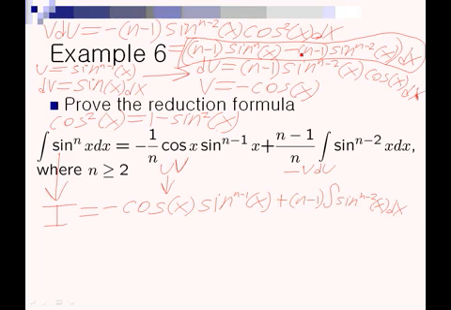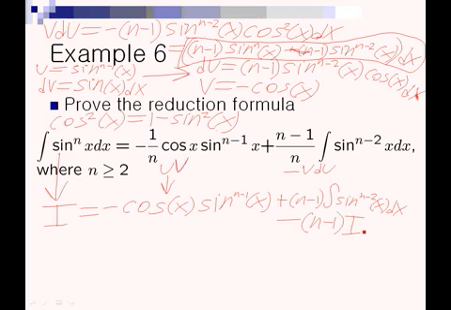And now, because that's being subtracted, it's become a plus. So we have n minus 1 times sine to the n. When that's being integrated, that will be equivalent to n minus 1 times the original integral. So we'll have a minus n minus 1 times our original integral.